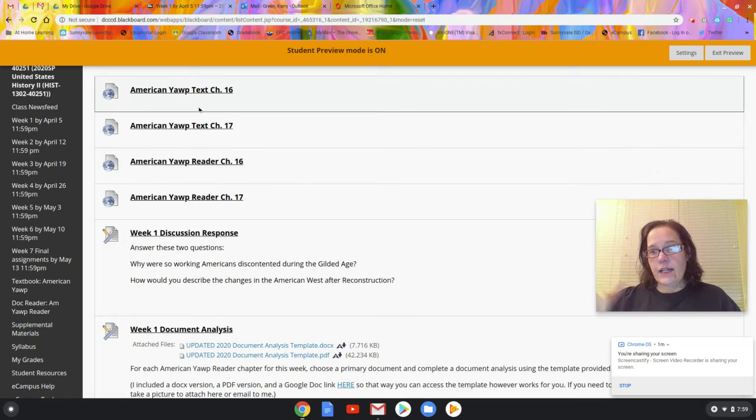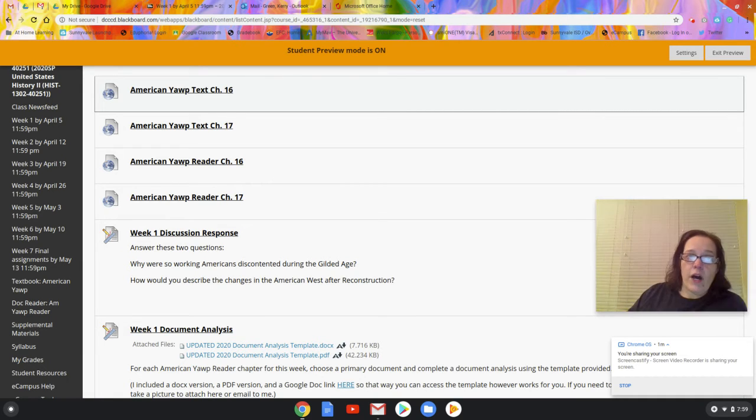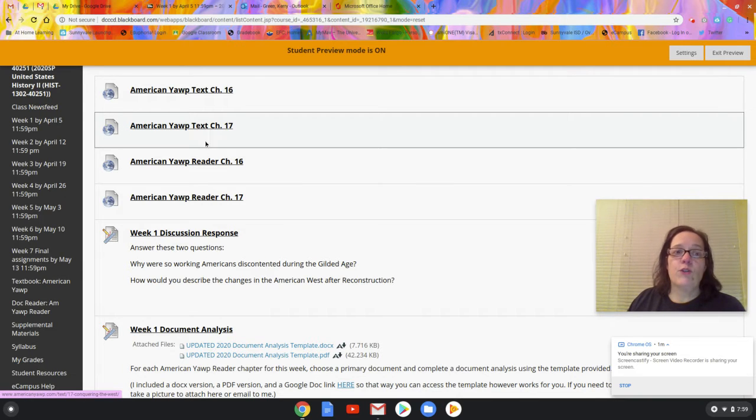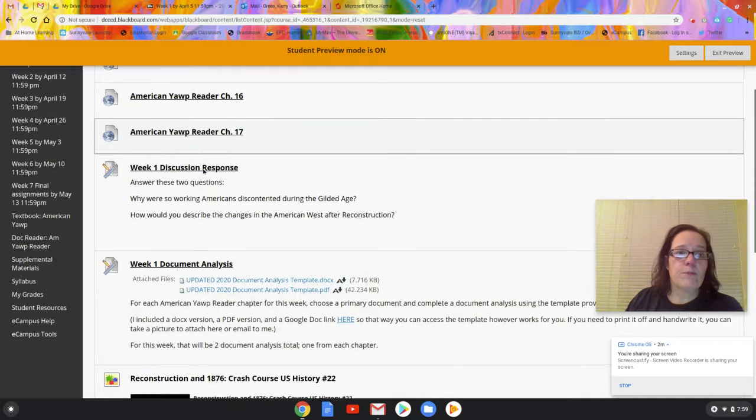The Reader is a series of primary documents from the time period. These are excerpts. So the textbook gives you the analysis piece, and the Reader gives you documents from the time period. In week 1, you've got chapters 16 and 17. Read those 2 textbook chapters and look over the Reader chapters.